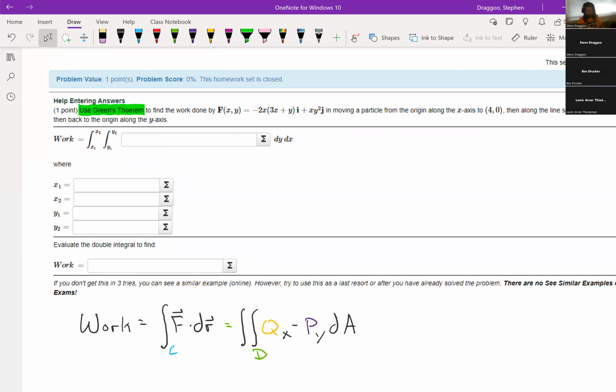Turns out we have to be a little more sophisticated with that work formula if we have a variable force instead of a constant force. A lot of times we end up looking at variable forces, like we have with this particular force field F here.